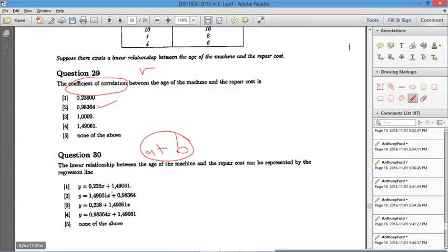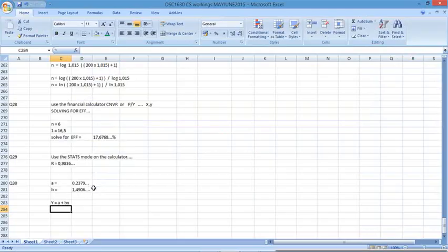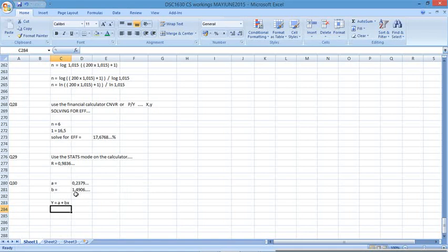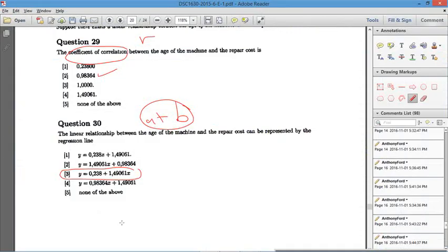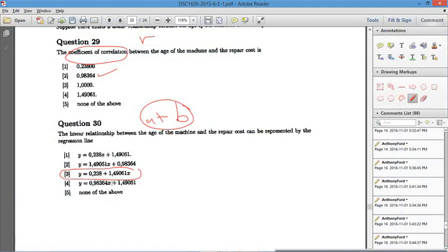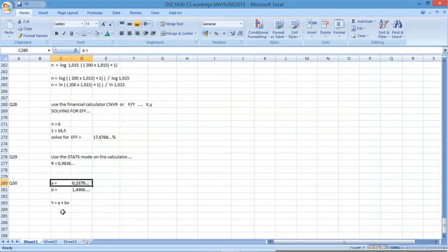So if I'm writing the correct equation, a is 0.23 and b is 1.49. So 1.49 times x plus that, which is option 3. Option 3 looks good, the a and the bx, yes.